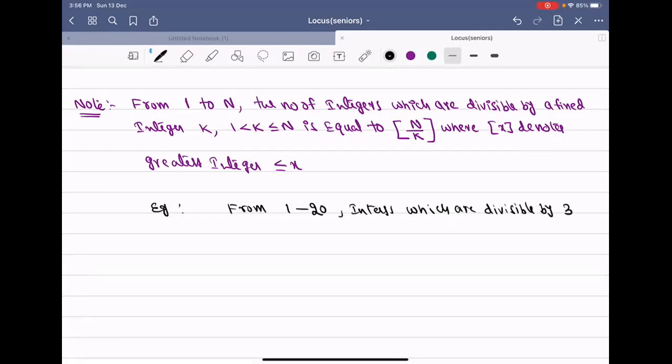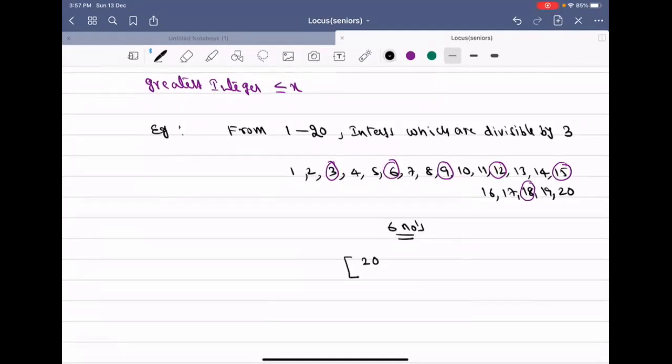Actually without using any step result, we can list out 1 2 3 4 5 6 7 8 and so on; the multiples of 3 come to 6 numbers.